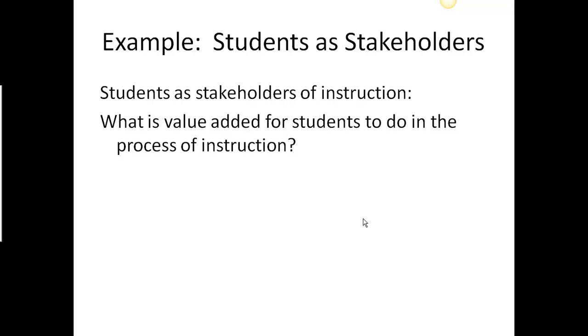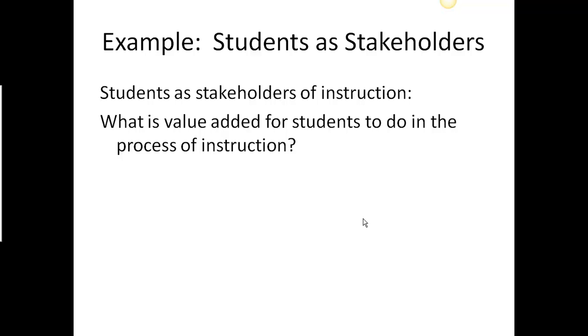So if you're a student walking into your classroom and experiencing the instructional processes, the practices that are happening in this classroom, what does it look like from the viewpoint of the student? And then what we would do with a stakeholder, if the student is a stakeholder of instruction, we would begin to ask a question. What is value added for students to do in the process of instruction?